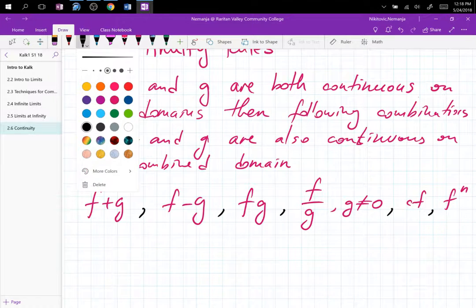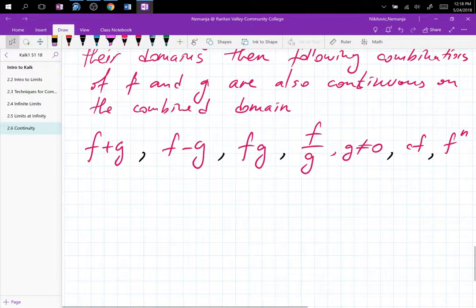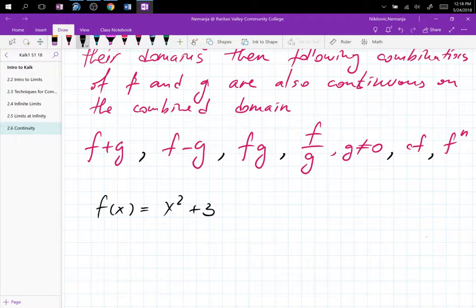Now, we need to be just a little bit careful with the domain issues. Other than that, we should be okay. For instance, if you have that f of x is equal to x squared plus 3, we know that's continuous on the entire set of real numbers.